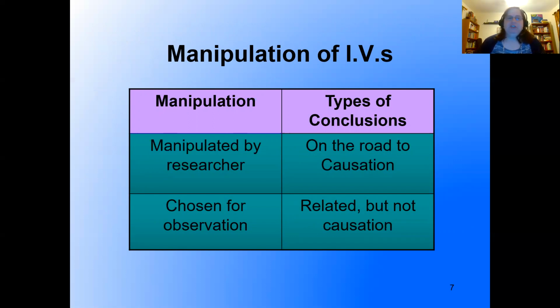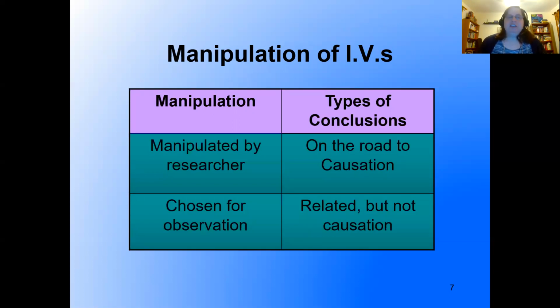Right? So in the first example, we just chose to observe those people who happened to try the multivitamin. And if we found that the multivitamin led to higher energy levels, let's say, we could say that the multivitamin seems to be related or associated with higher energy levels, but we wouldn't talk about causation.